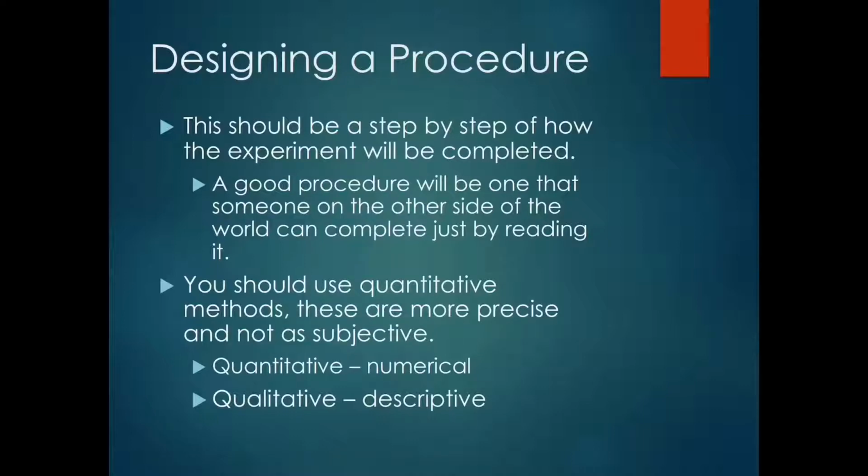Well, the problem with qualitative is you may think something is a light green color, but I could think it's a medium green color. So there is some subjectiveness in using qualitative descriptions, whereas numbers are numbers. Nobody can dispute them.